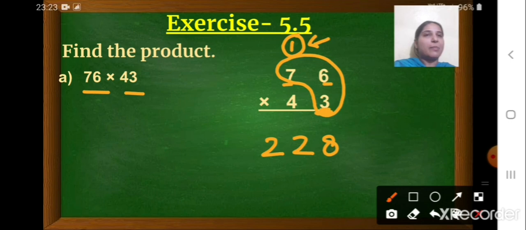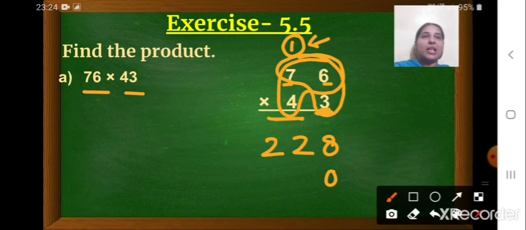Now we will be multiplying this multiplicand by the digit at the tens place. And what is the digit at the tens place here? 4. The tens place of the multiplier, there we have 4. So we can say here we have to multiply 76 by 4 tens, or 40. Okay. So what we will do, we will write 0 here. Why 0 here?